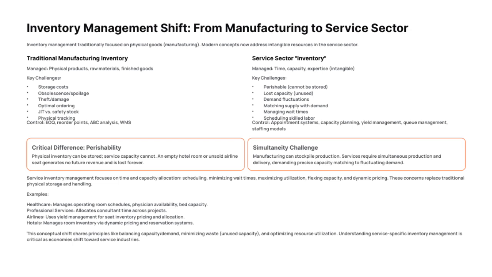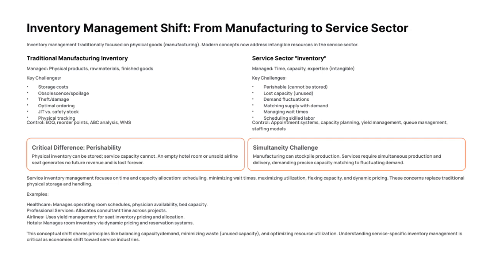For example, in healthcare, we manage operating room schedules, physician availability, and bed capacity. In professional services, it's about allocating consultant time across various projects. Airlines use yield management to price and allocate seat inventory efficiently. Hotels manage room inventory through dynamic pricing and reservation systems.